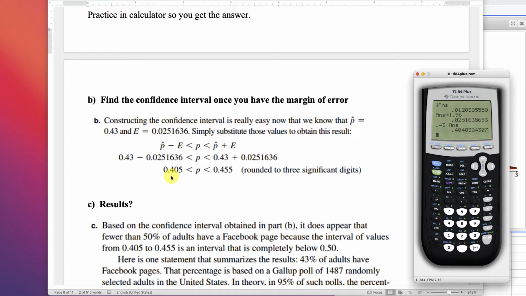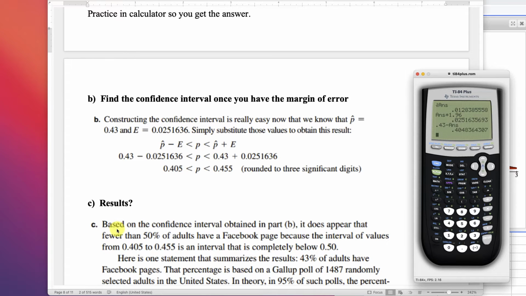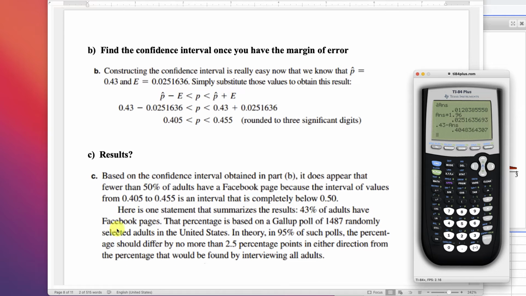Now what does that mean? The results, it says, based on the confidence interval obtained in Part B, it does appear that fewer than 50% of the adults have Facebook, because the interval of values from 0.405 to 0.455 is an interval that is completely below the 0.50, the half mark. So the one statement that summarizes the result is this. 43% of adults have Facebook pages.